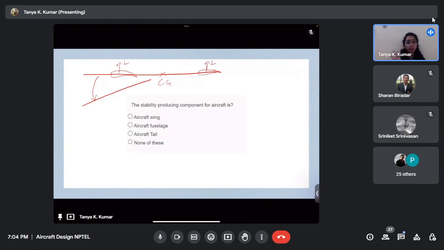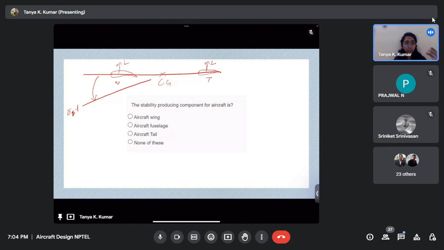So what moment does the wing produce? This is the wing and this is the tail. Does the wing produce counterclockwise or clockwise moment about CG? Clockwise. And this is the equilibrium position. You want it to come back here.